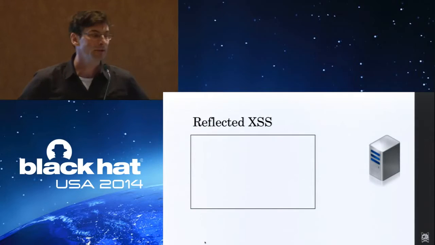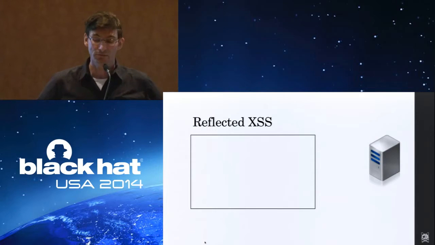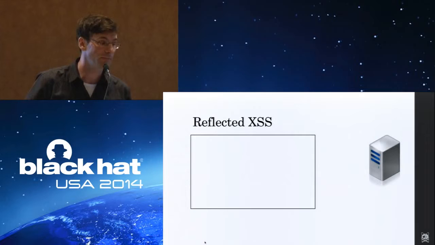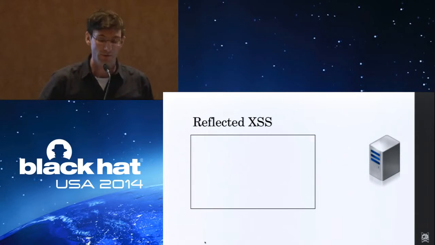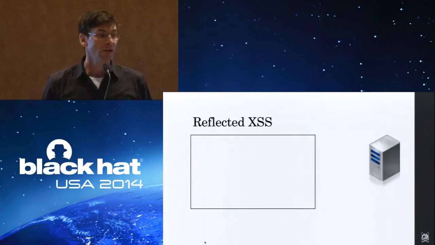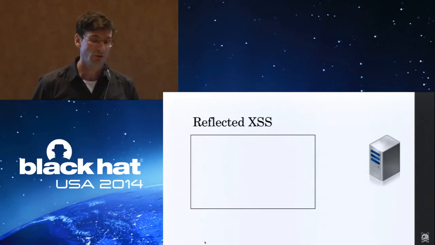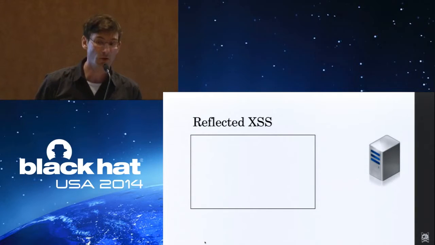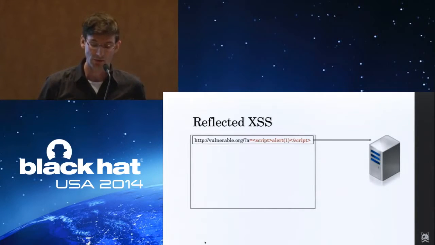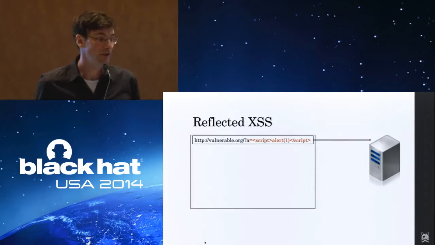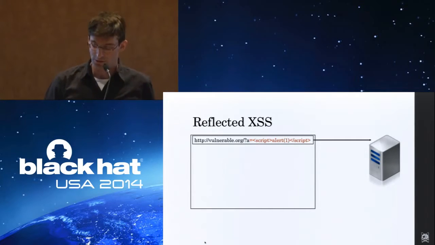Reflected cross-site scripting is a vulnerability in which the web application blindly accepts attack payload from the malicious person and incorporates it in the corresponding HTTP response on the corresponding HTML. So you have, for example, a URL containing a cross-site scripting attack.